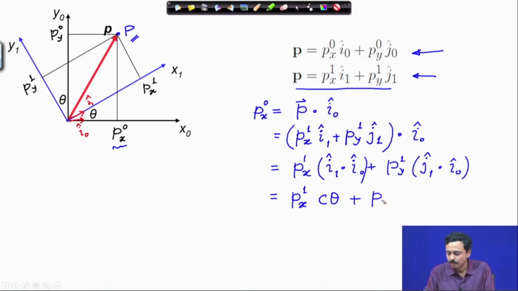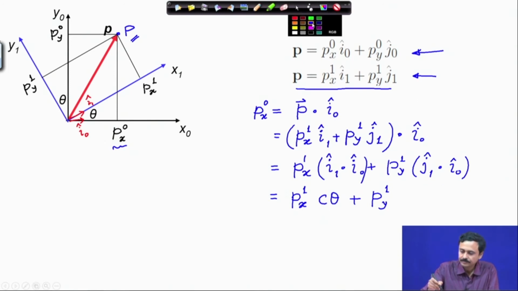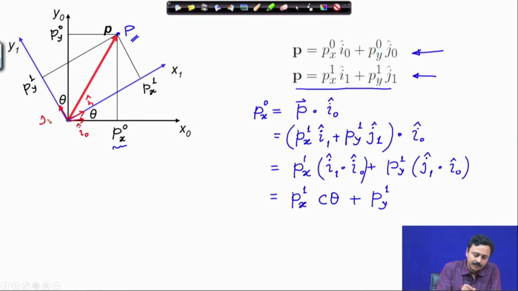Plus Py1 times j1 cap dot i0 cap. j1 cap is a unit vector along y1.